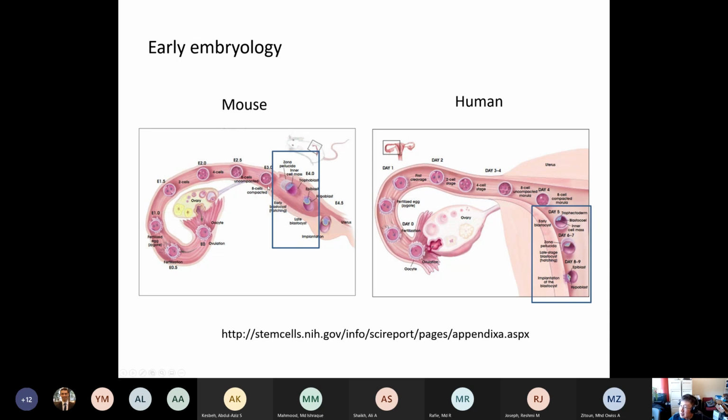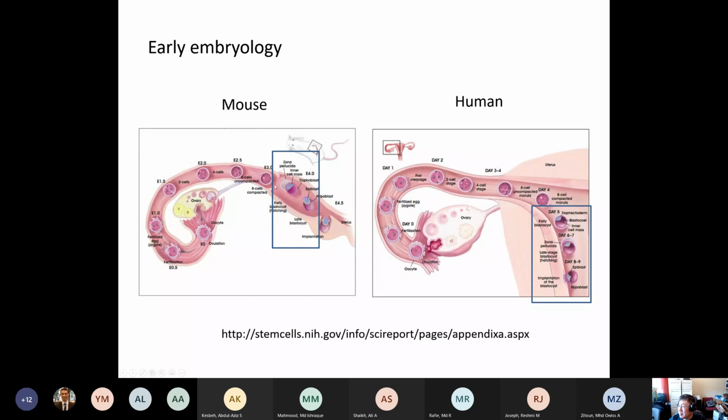Okay, but before that, all the cells are totipotent. That means all the cells can give rise to all the cell types. After that, you're going to have a major change of the development. Now you created the early blastocyst.